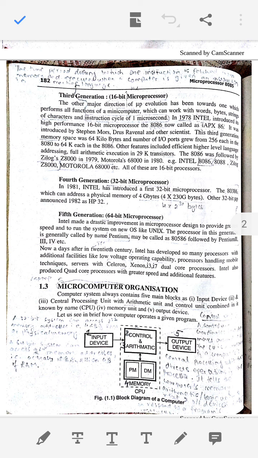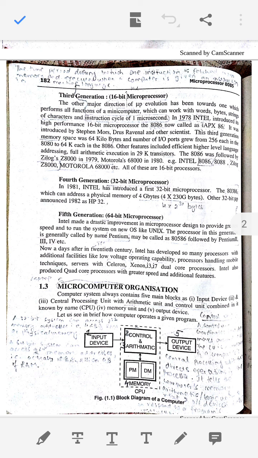The time period in which one instruction is fetched from the memory and executed is known as the instruction cycle. So this fetching and executing of the instruction in 1 microsecond. All these capabilities were supposed to be in the microprocessor, which minicomputers could do at that particular time.